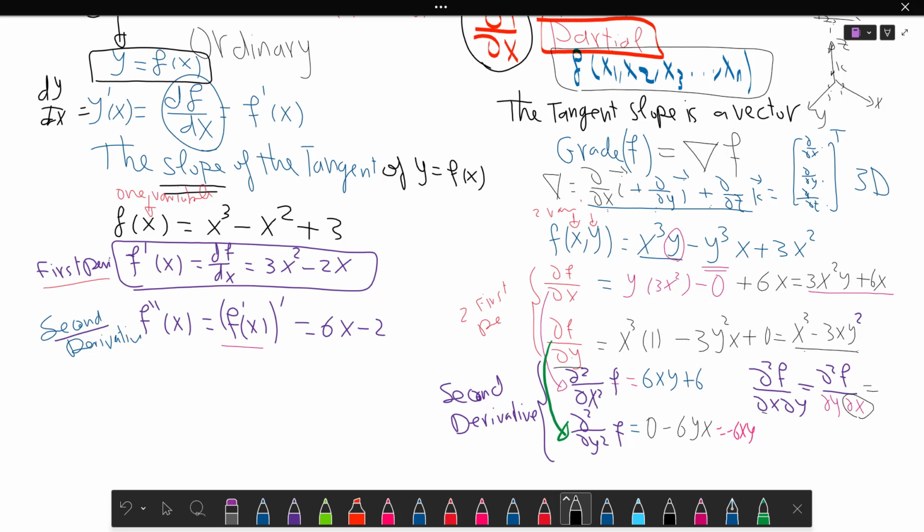Okay. It doesn't matter if you start from here. If you start from here, you finish x, right? Take the result and differentiate with respect to y, right? If you start from here, you finish the derivative with respect to y and do it for x.